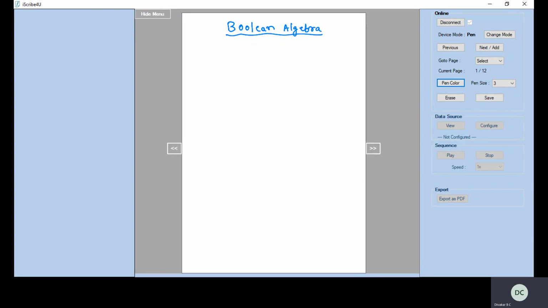In our everyday life, in many situations, we use logical statements like yes or no, true or false. Since these logical statements have only two possible values, they can be represented by the binary system of logic, that is 0 and 1.